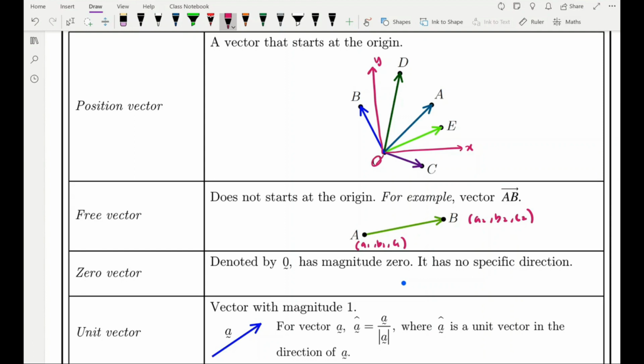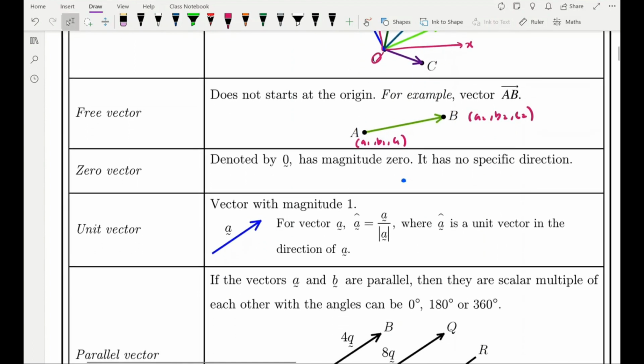And then we have the zero vector. Zero vector means the magnitude is 0 and there is no specific direction, such as 0, 0, 0, where the value for x is 0, y is 0, and z is 0.